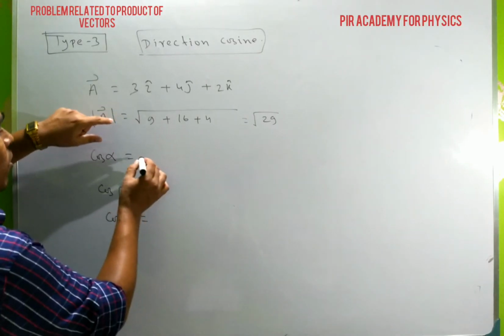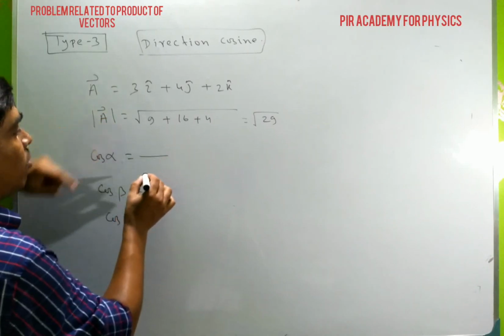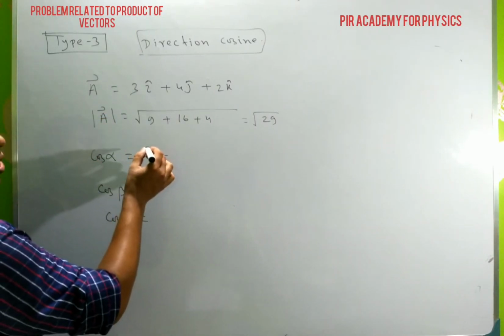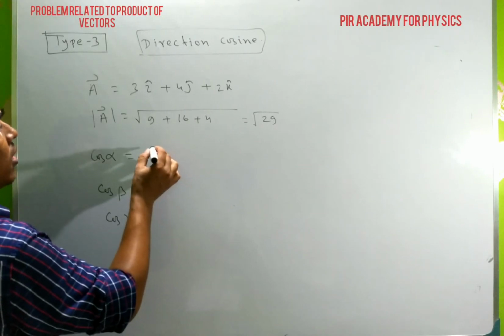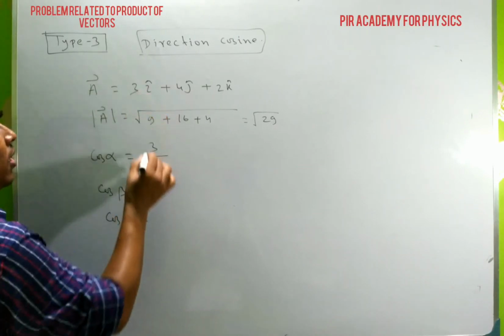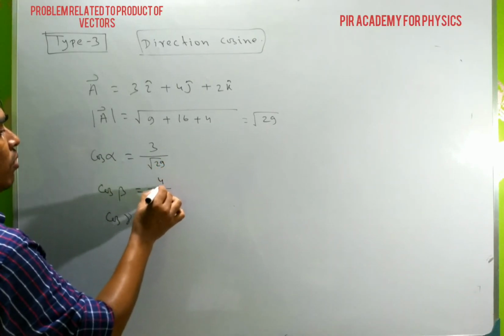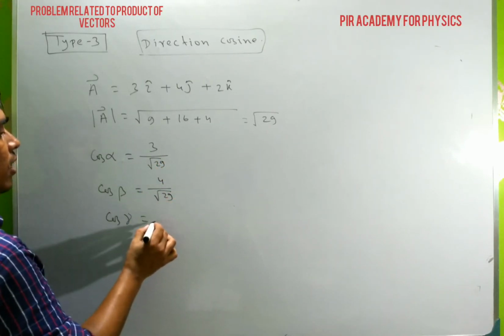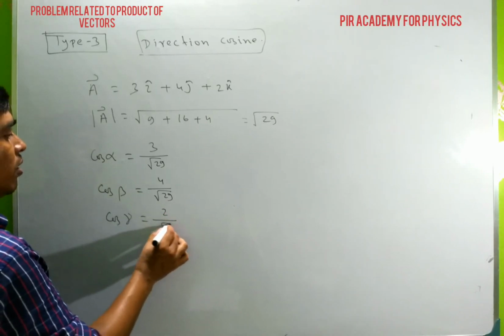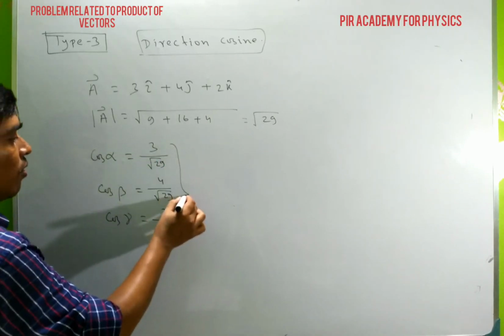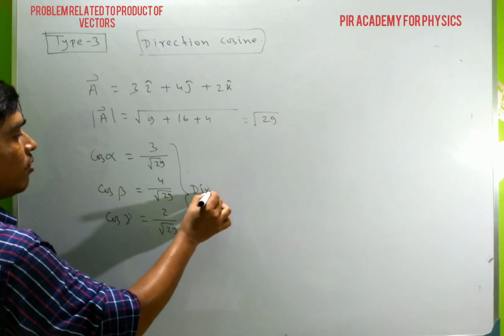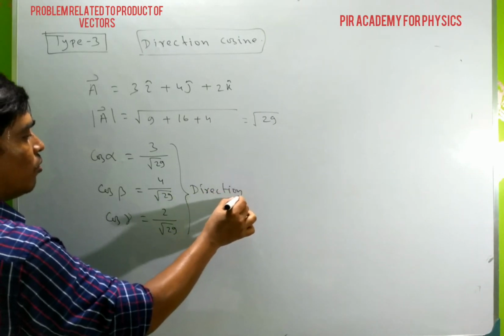With the help of this formula, we can easily deduce it. That means 3 divided by root 29, here 4 divided by root 29, here 2 divided by root 29. This is called direction cosine.